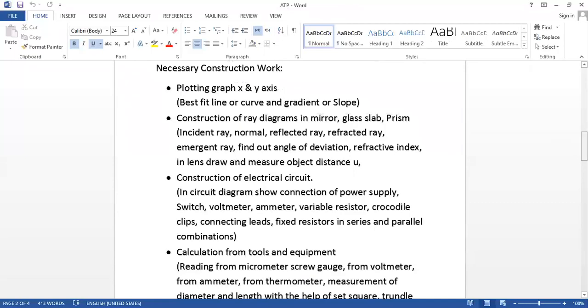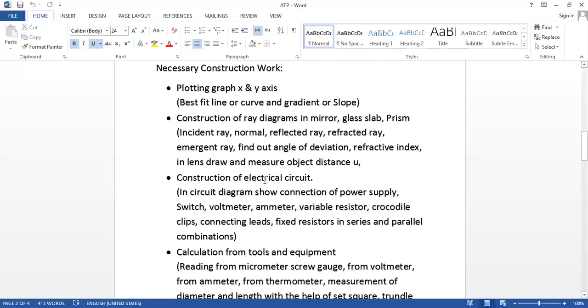First, I am revising the topic. First, plotting graph. You must do practice about plotting graph. It is very necessary, and you will attempt 10 or 12 questions on plotting graph. You will see it in all papers. It is a necessary part of your paper. So plotting graph is necessary. And construction work about light, especially mirror, glass slab, prism, and lens.